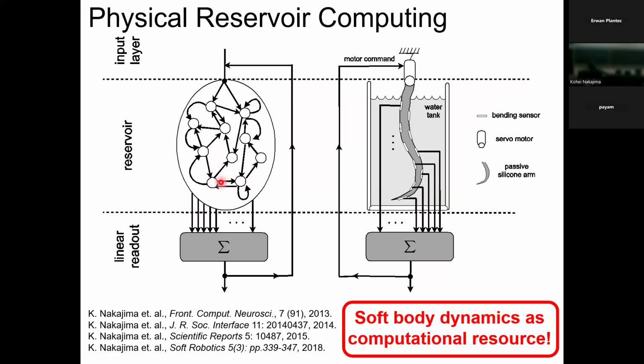We inject input as a motor command, and you generate these passive body dynamics, and you monitor this body dynamics by using these embedded sensors. Then you treat these sensory readings as internal dynamics, and you adjust this readout part. And then you use this body dynamics for your computation purpose. This is physical reservoir computing.